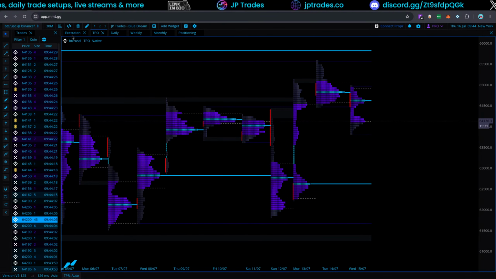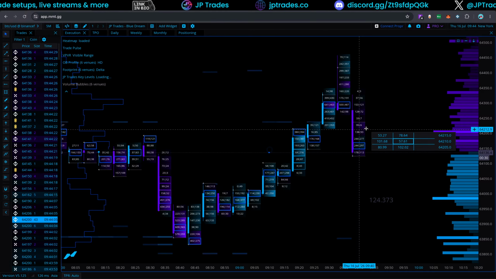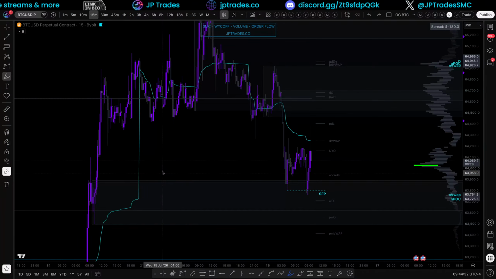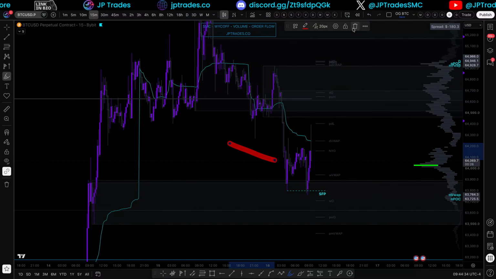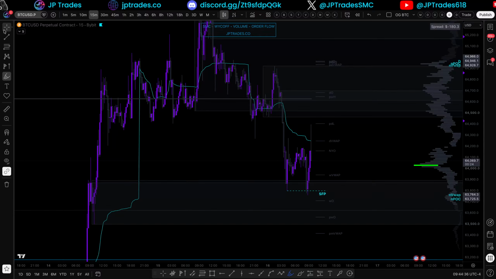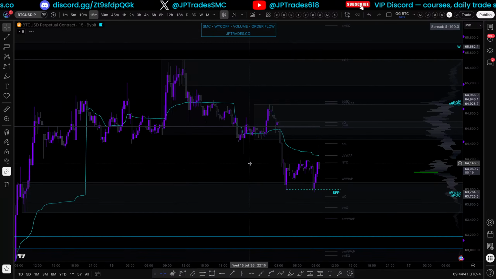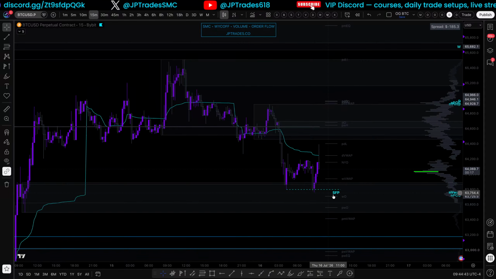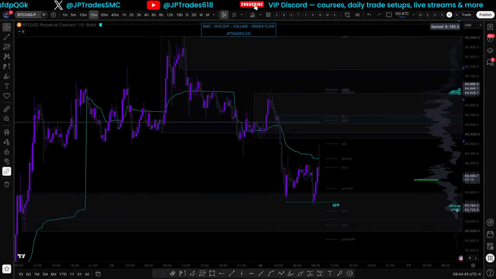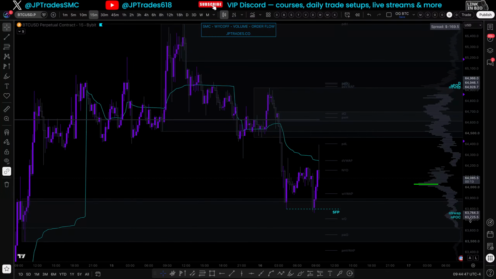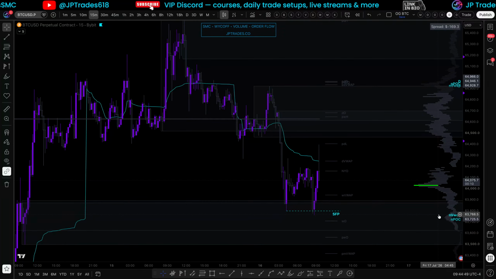All right. So let's go over a little bit of TA here. First things first, I've already posted some long and short ideas in the Discord this morning. This was the first area I was looking at for long. We didn't quite hit that naked point of control, but we did hit that naked VWAP really nicely.